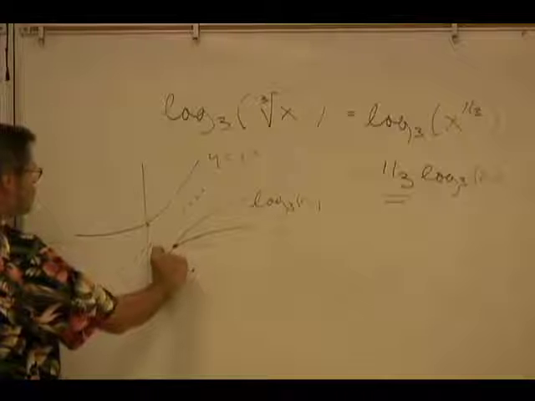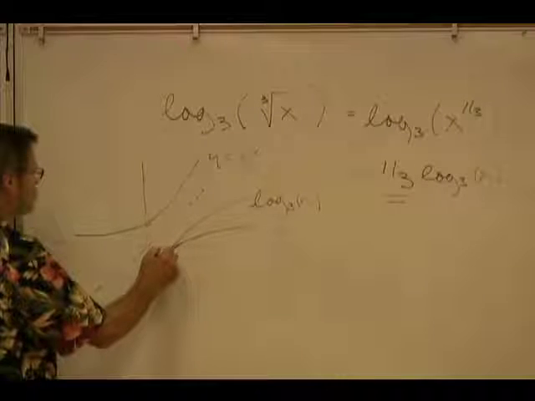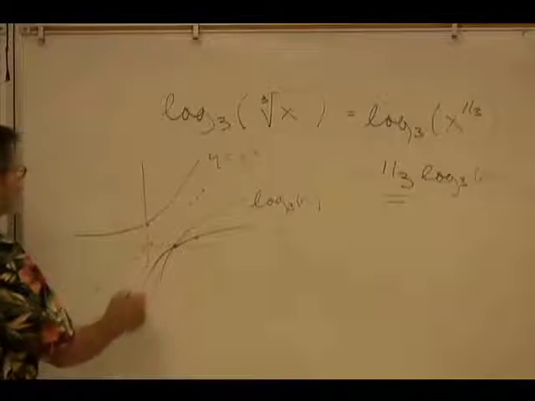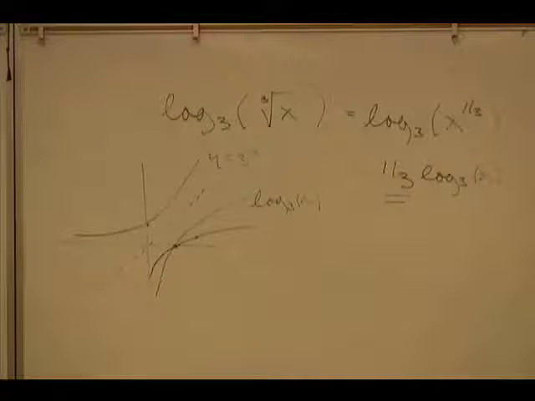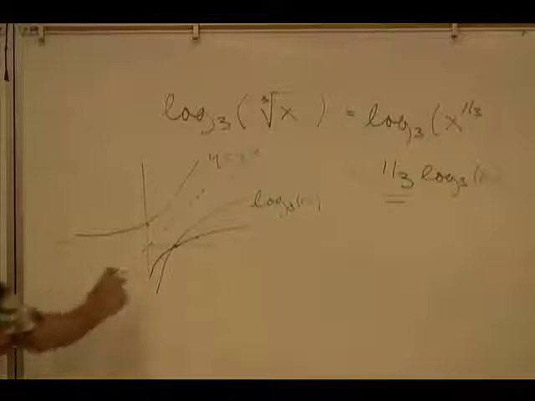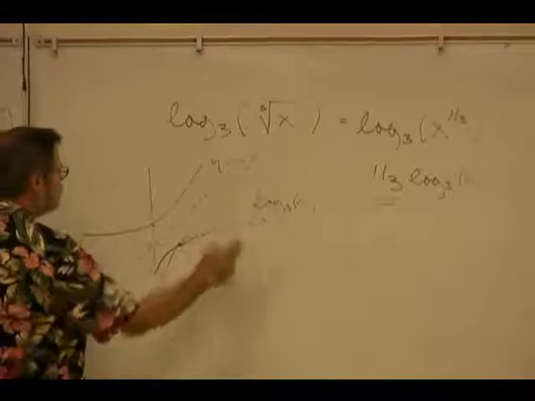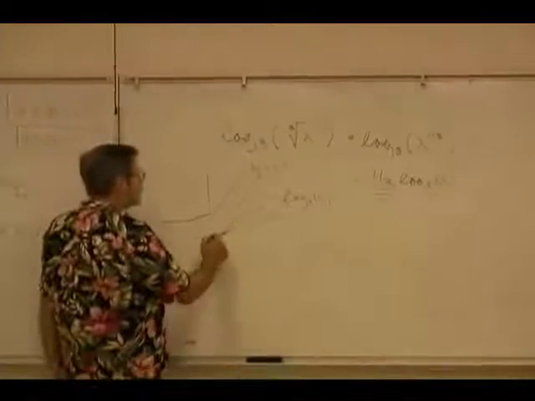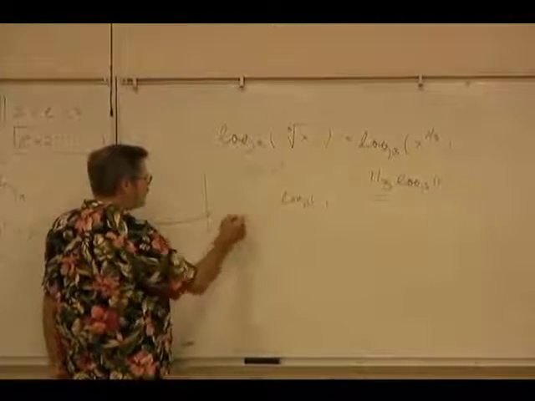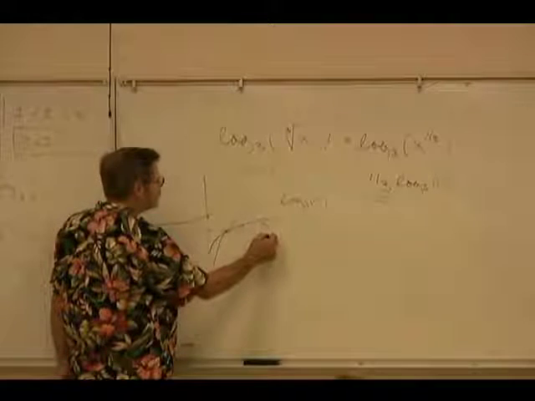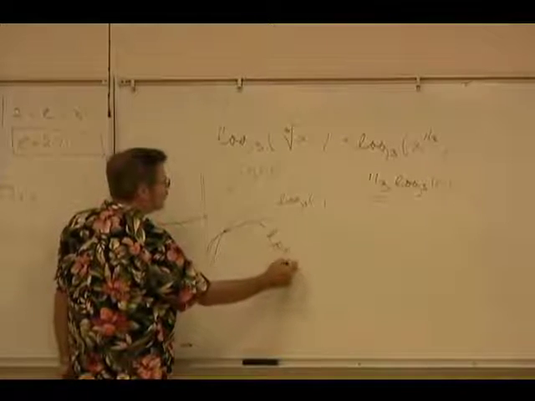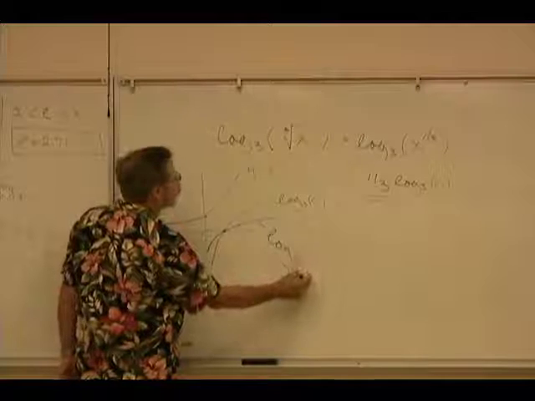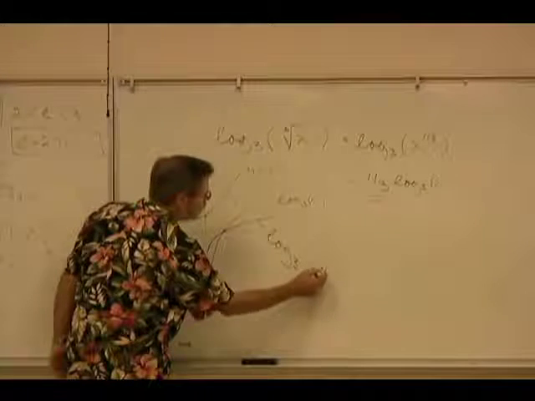Whatever this distance is, it's multiplied by 1/3, which brings it in. It doesn't decrease or increase as fast, because the factor is 1/3. So if you take this particular curve and multiply it by this factor, this is the graph of log to the base 3 of the cube root of x.